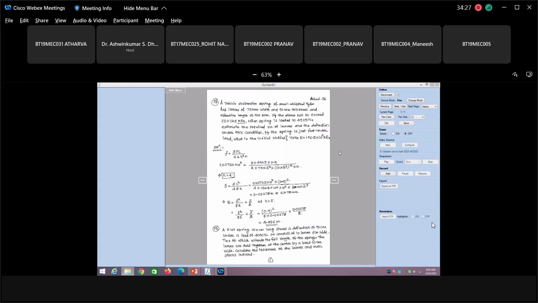Take modulus of elasticity E is equal to 0.26 into 10 raised to power 6 Newton per centimeter square. Please pay attention to this particular unit. So shall I shift to the next page? Sir, shall we shift to the next page?